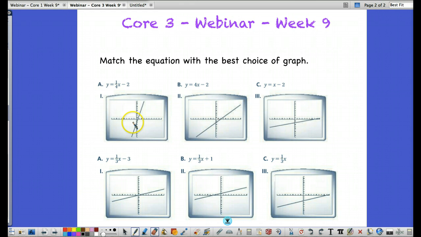So is that going to be steeper than the parent or less steep? Less steep. Because if it's just a fraction, that means it's not a very steep line. So it couldn't be 1, because 1 is pretty steep. And if you compare 2 and 3, which one is less steep, 2 or 3? 3. So I would say then that graph A goes with number 3.